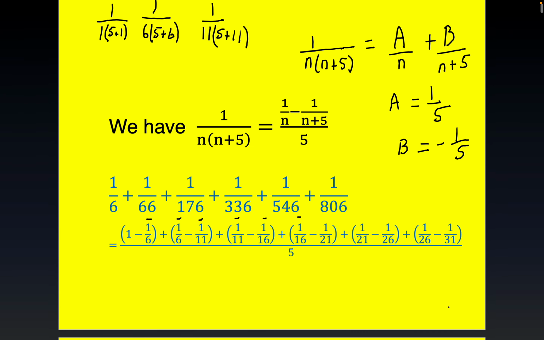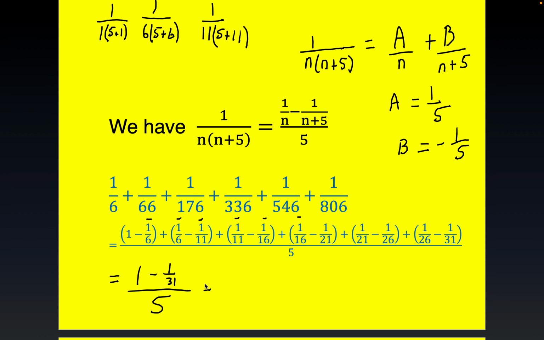So let's keep going. What this is equal to is 1 minus 1 over 31, all over 5. And you can see how we just put the 5 down here. You could have written it separately, but it's better just to jump to this step.